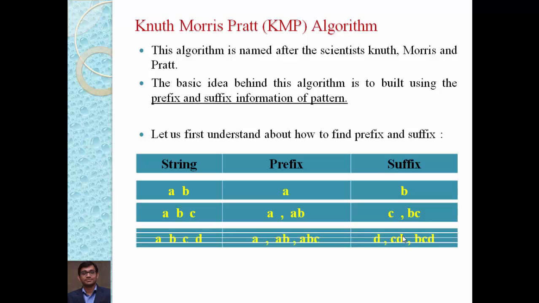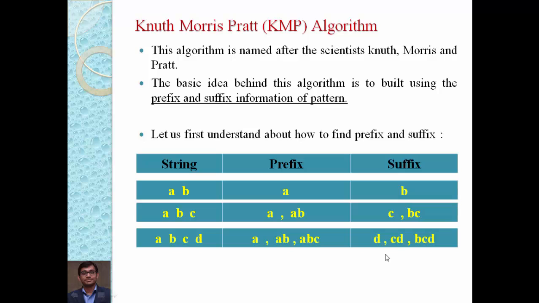If there are more than three characters, or we can say four characters, then before D we have three characters A, B and C. So based on that we have to identify the prefix. So the prefix is the single character A, then the pair of characters AB, and the three characters A, B and C. So these are all the different prefixes. For the suffix of ABCD, after A we have three characters B, C and D. See, the single character D is a suffix, the pair of characters CD is a suffix, and BCD is also a suffix.